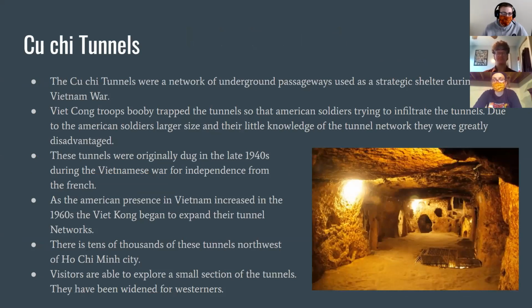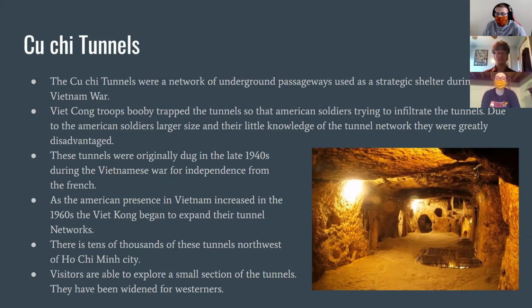Another site that's outside of Ho Chi Minh City is the Chu Chi tunnels. They're a network of tunnels all throughout Ho Chi Minh City and the surrounding areas. They were created before the war, in the late 1940s, for their war for independence, but they were expanded during the Vietnam War.